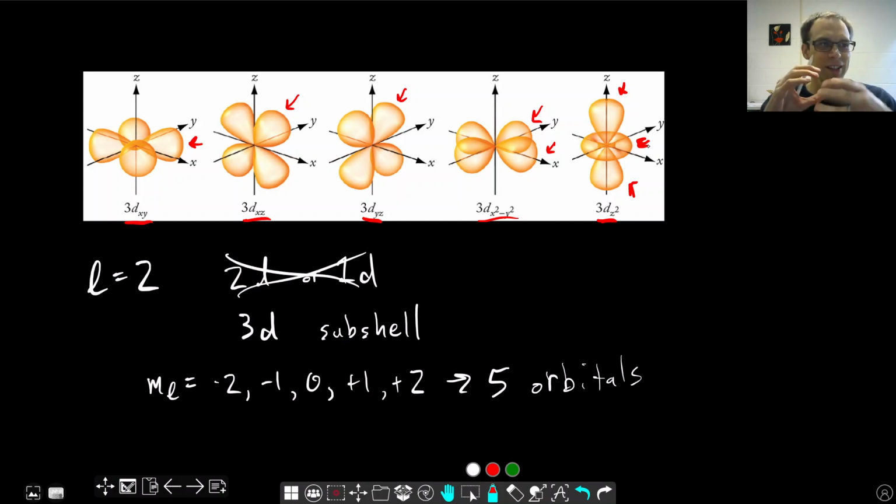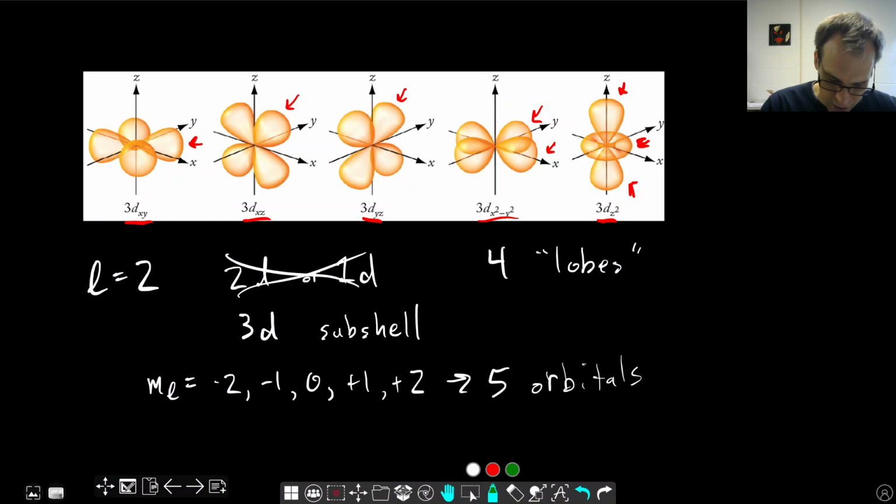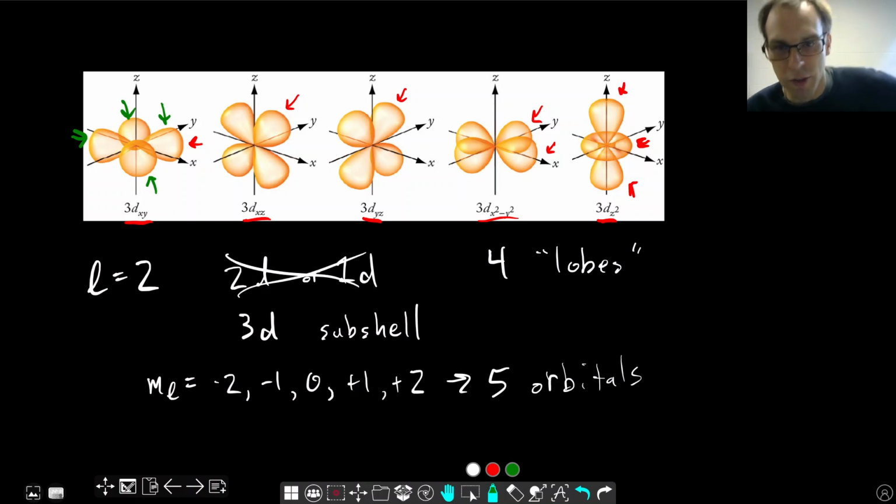So we started with a nice ball for the s orbitals, p orbitals have 2 lobes, and d orbitals have 4 lobes. We'll call these lobes, meaning there are 4 spots right here, here, here, and here, where there's probability for the electron.